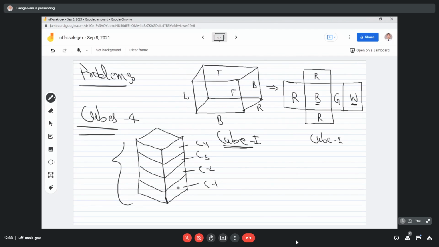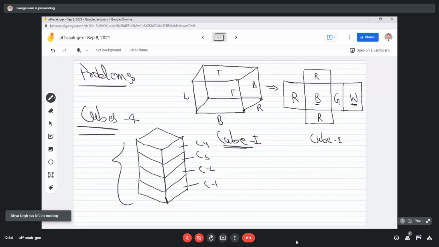But the question is, can we stack such a column from these cubes which are colored by 4 colors? Are you getting my question? Yes, sir.